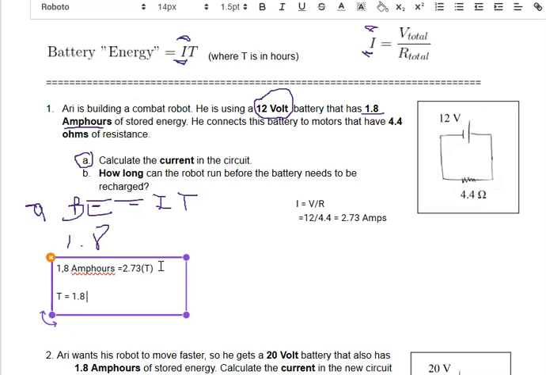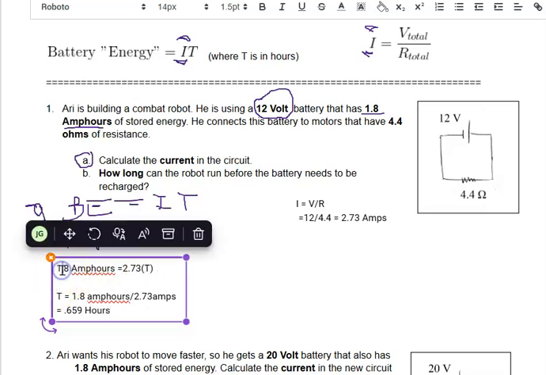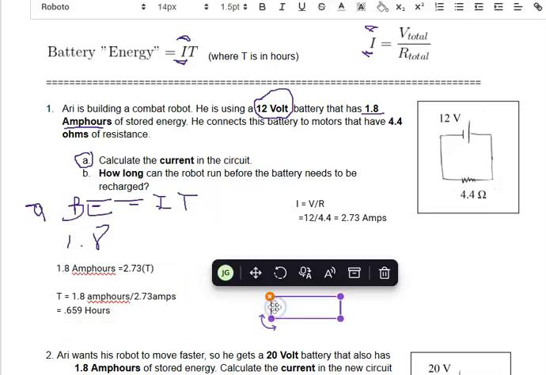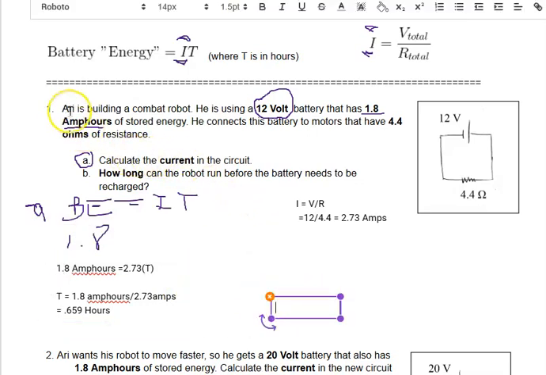So 1.8 amp hours divided by 2.73 amps. You can see amps are going to cancel and you get 0.659 hours. Okay, awesome. So that is number one. We're using both equations, and it just depends on which one you use first.